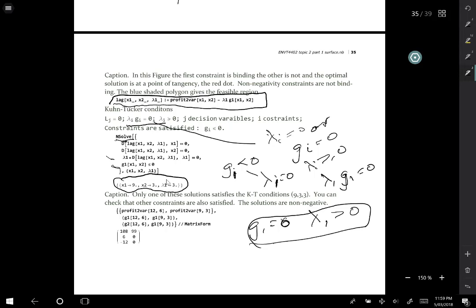We're checking that non-negativity is satisfied, so 9 is obviously positive and 3 is obviously positive, and the Lagrange multiplier is also positive.